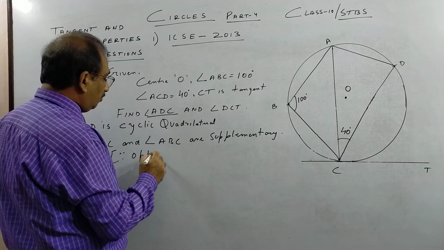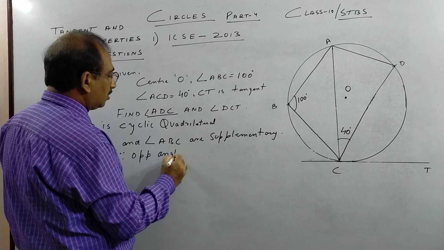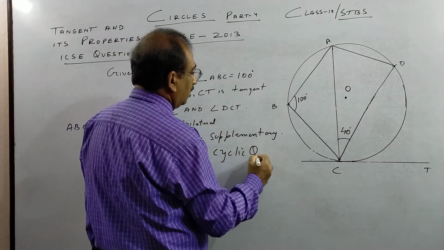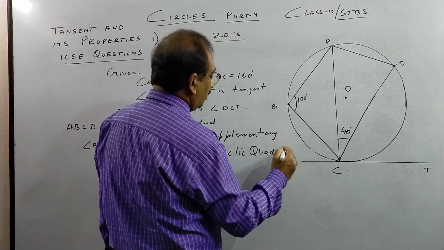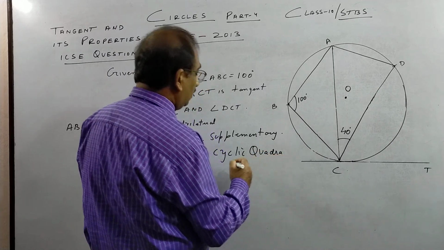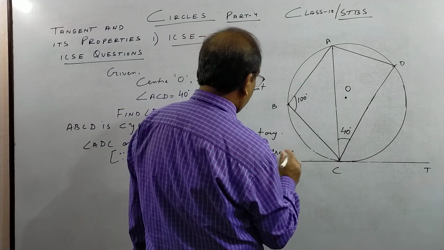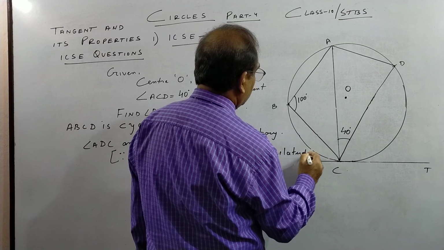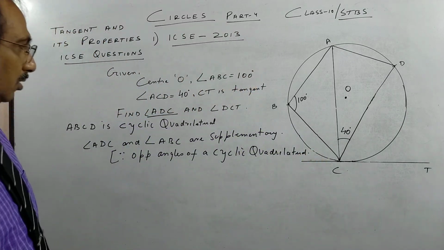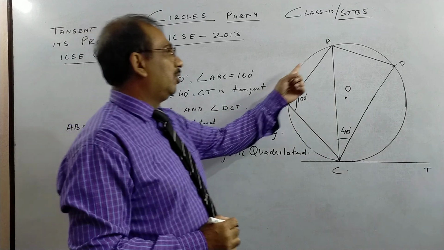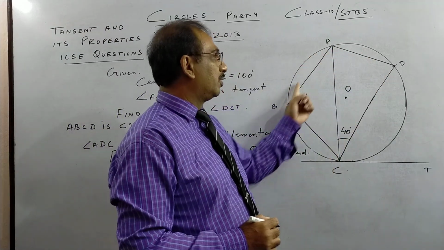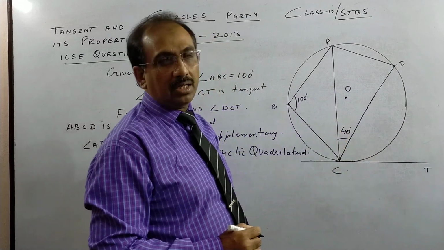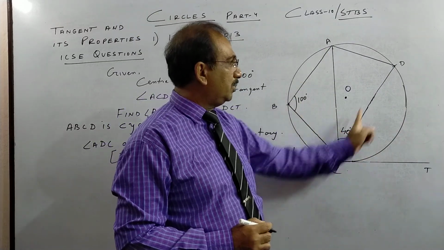Just to recapitulate, children, what is a cyclic quadrilateral? When all 4 vertices of a quadrilateral are on the circumference of the circle, it's called a cyclic quadrilateral, all 4 vertices ABCD.